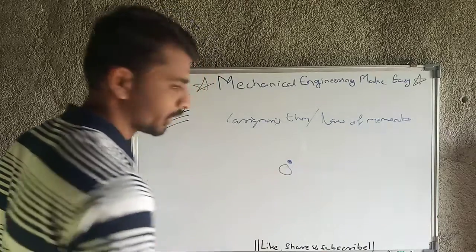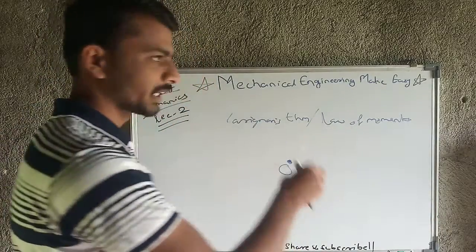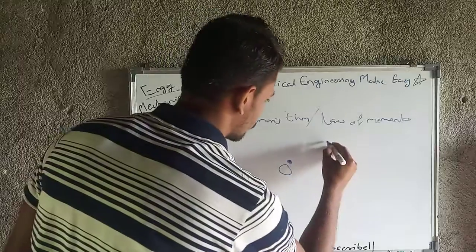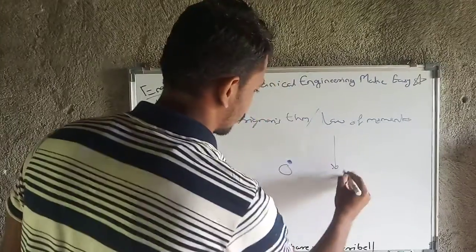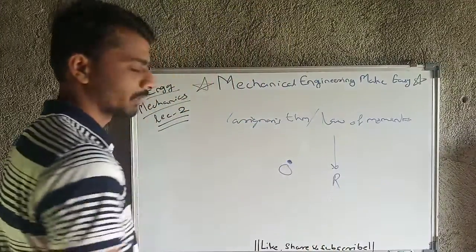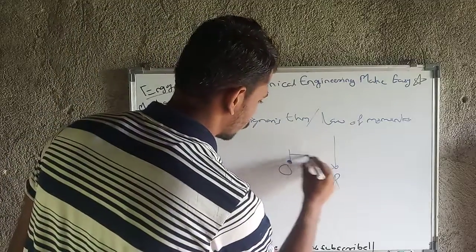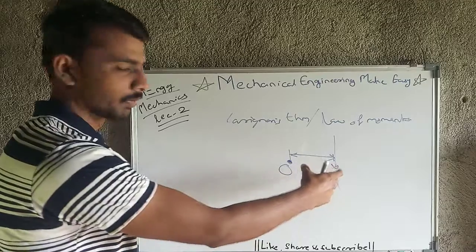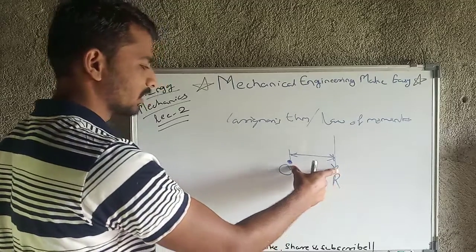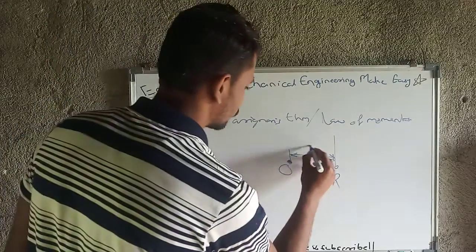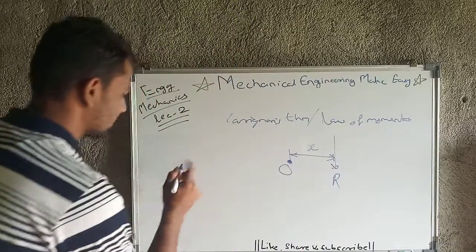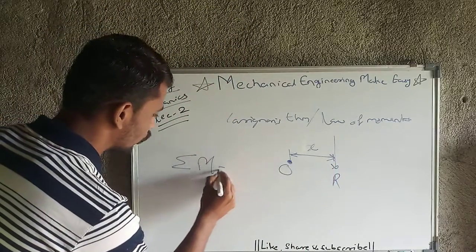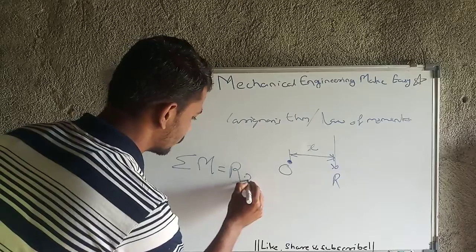This is point O, and we have calculated the resultant force which may be acting here. This is the resultant force denoted by R. And we need the value of the perpendicular distance between the resultant and this point O, which will be denoted by X. So ultimately the summation of all moments will equal R into X.